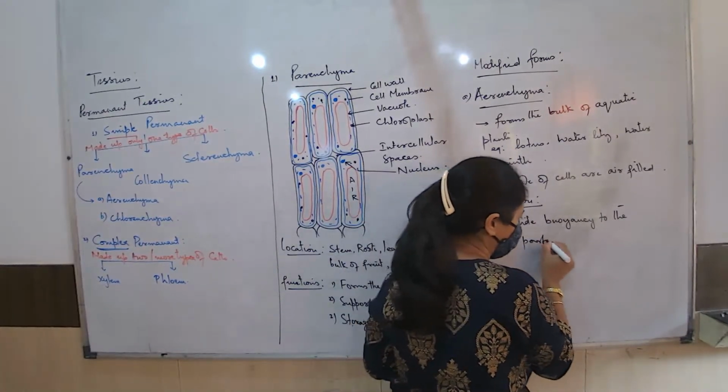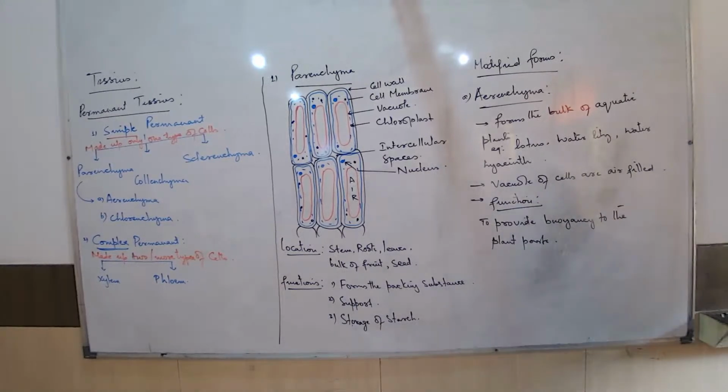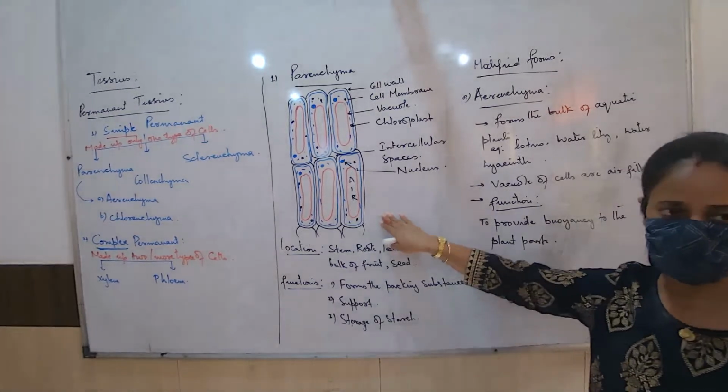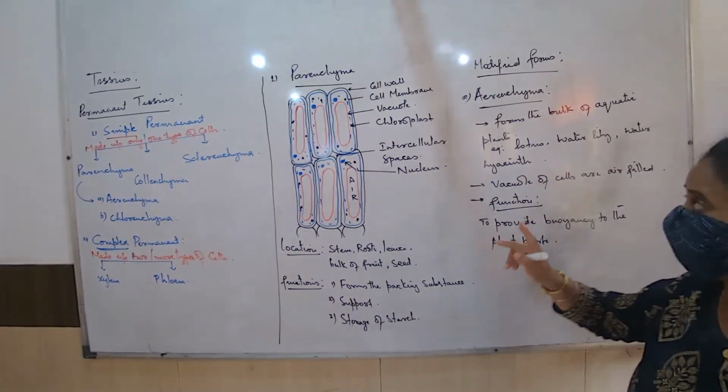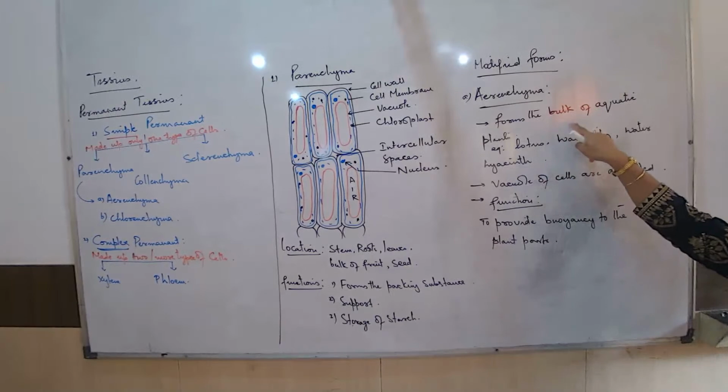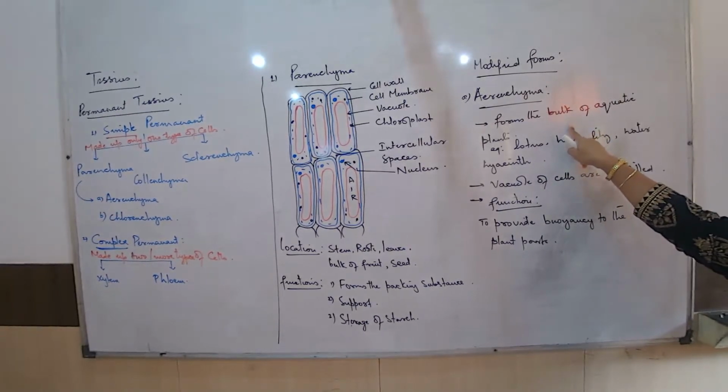So this is what we have to understand when we talk about parenchyma. Parenchyma is supposed to have these basic specializations. So how are a common type of parenchyma tissue and aerenchyma different? Of course they form the bulk, but how are they different?